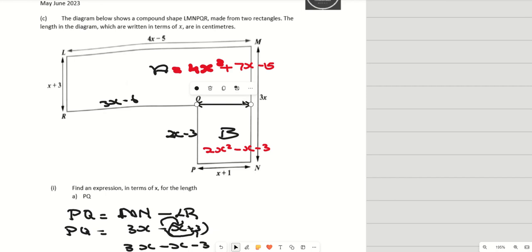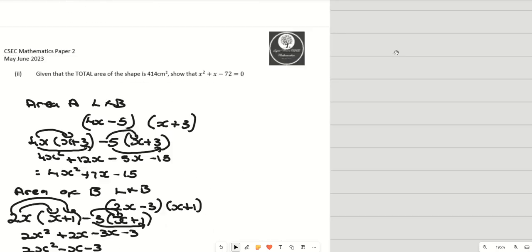Now we know that the formula for the area of a rectangle, because they are two rectangles, is length by breadth. The length for A is 4x minus 5, and the breadth for A is x plus 3. So we had to multiply it.